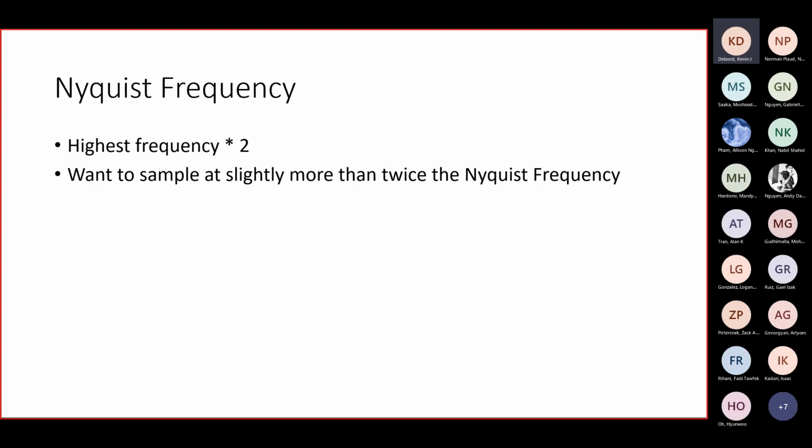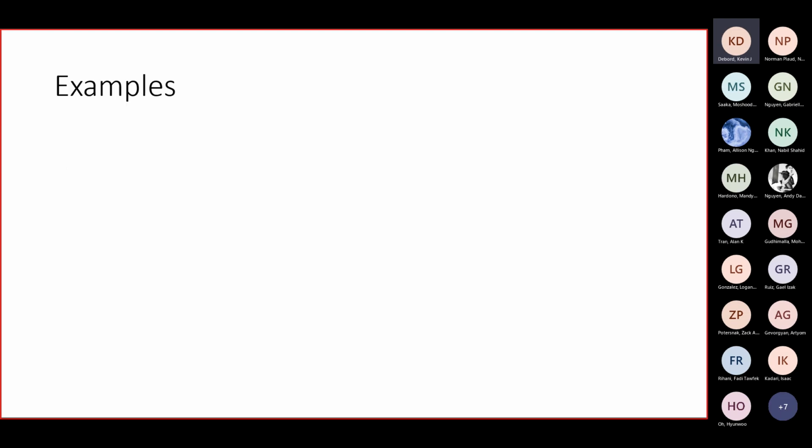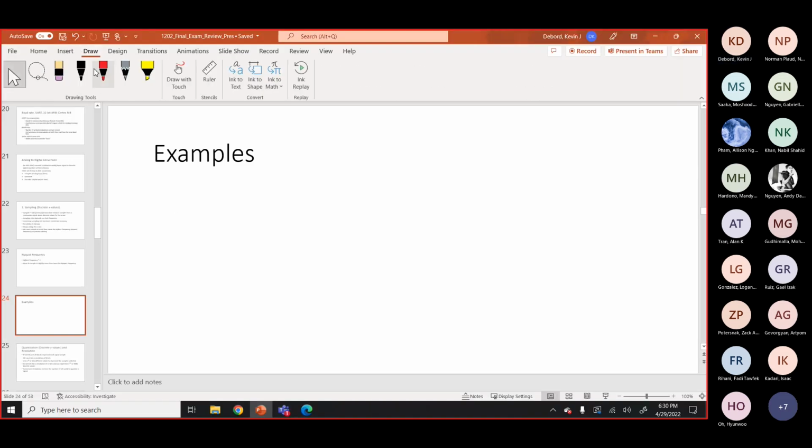I'm not in the telecommunications class, so I don't know exactly what that is. Examples, I mean, what do you want me to do? Put 3 values and then ask you which one's the Nyquist frequency? Sure, okay, let's do it then.